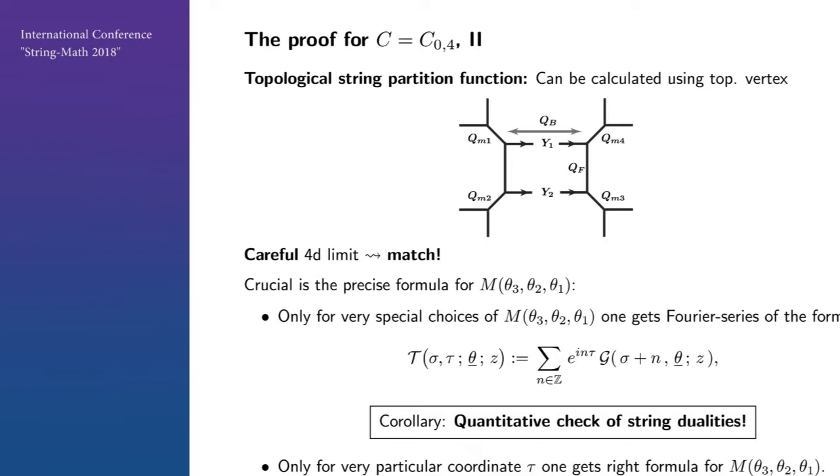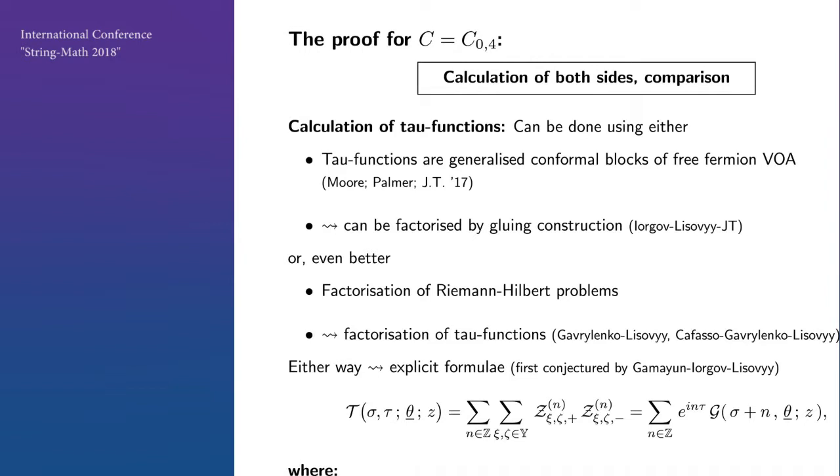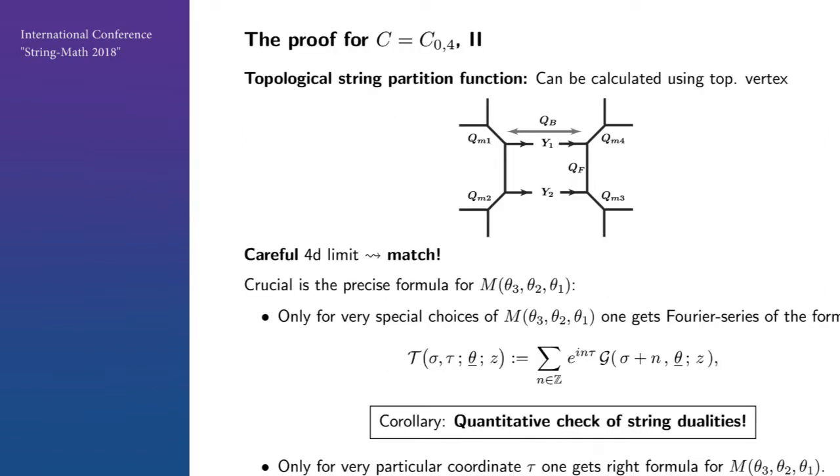And for each internal line, there's going to be a sum over Young diagrams. The sums, like here, here, and here, can be carried out, and one remains with a sum over the Young diagrams Y1 and Y2, which gives it a structure like we just had seen before, like here. All right, so that's how it comes about.